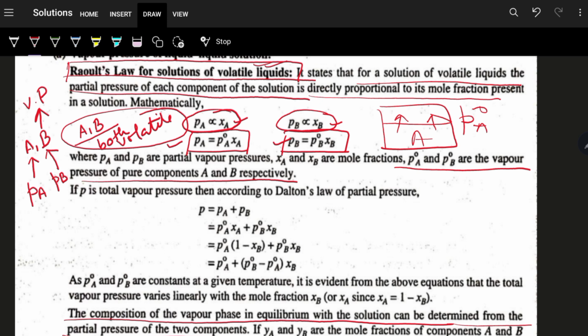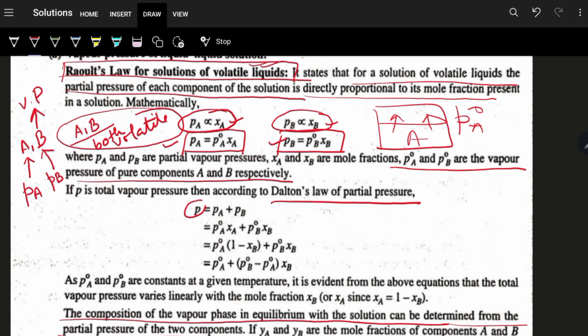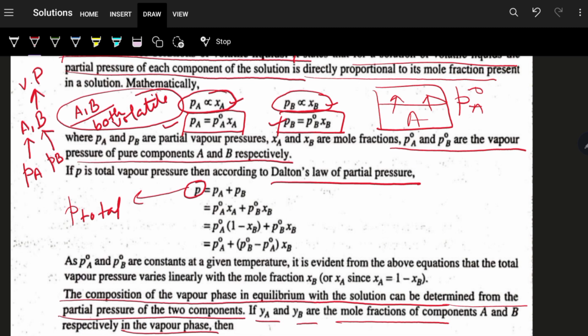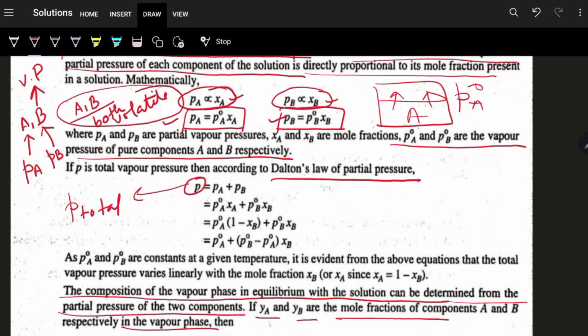Now, from Dalton's law of partial pressure, this P is actually the P total, the total vapor pressure, which has the contributions of both A and B. So I can say the summation of the partial pressures of A and B is equal to the total vapor pressure as per Dalton's law of partial pressure.